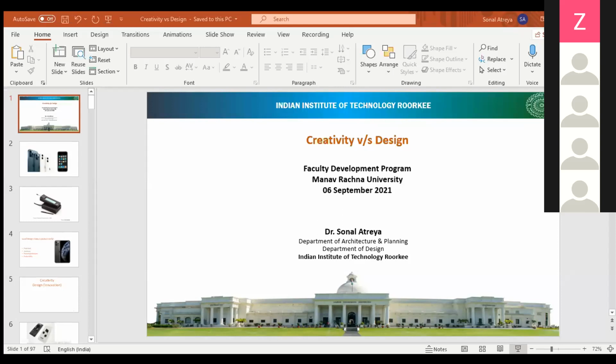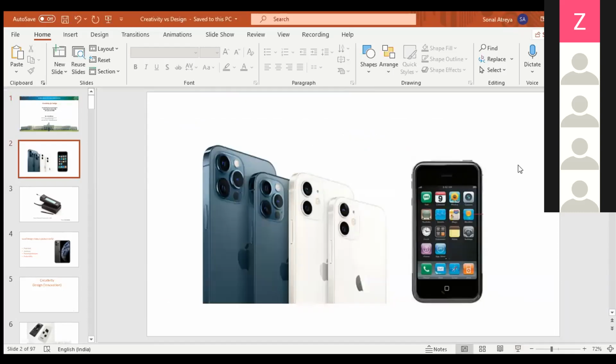Ma'am, I think it would be better if you go to the slideshow because it's still in the small view and we cannot see it properly. I was in the slideshow mode only. No, ma'am, it was in the normal layout where I could see your slides on the left.